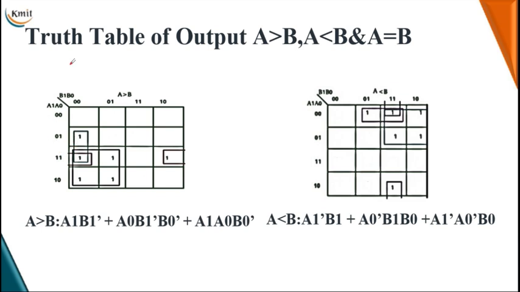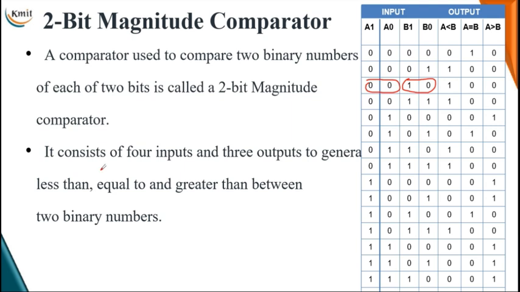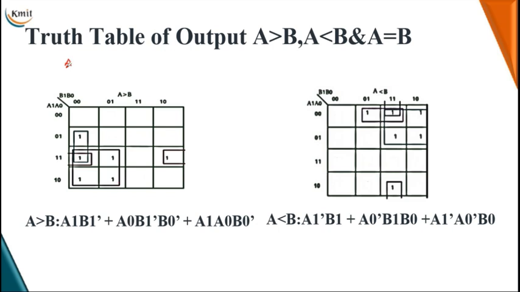Now the SOP expression of A greater than B is equal to sigma m of 4, 8, 9, 12, 13 and 14.